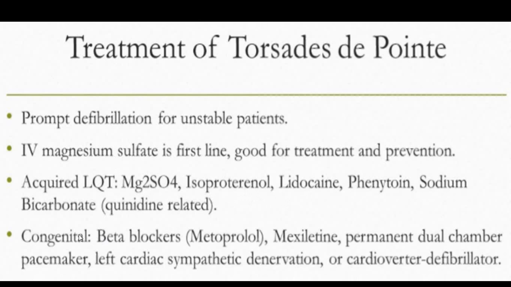Congenital tachycardia, congenital long QT syndromes, you can use beta blocker, or you can use the permanent dual chamber pacemaker, or you can go for sympathetic denervation, or you can use cardioverter defibrillator to prevent sudden cardiac death.